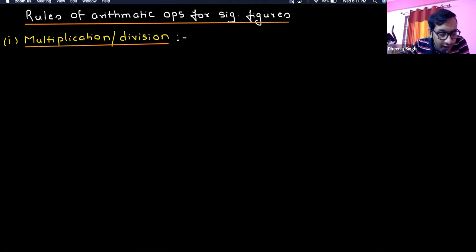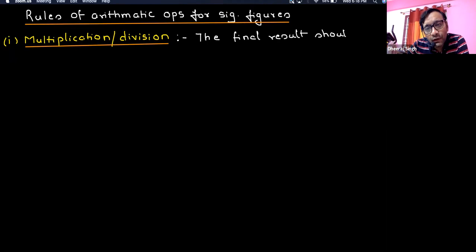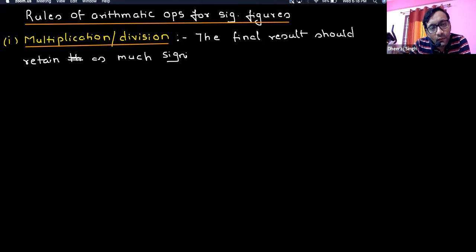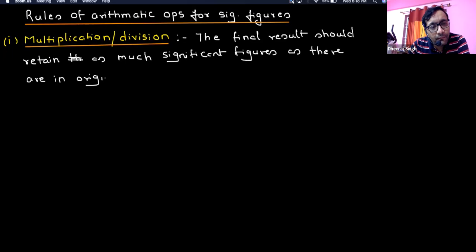The rule says this: when you multiply or divide, the final result should retain as many significant figures as there are in the original number having the least significant figures.